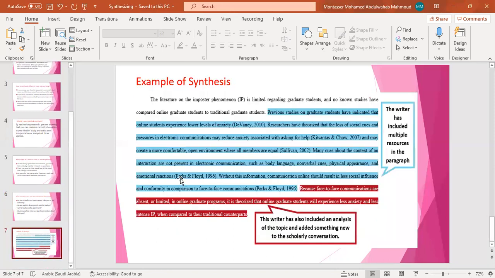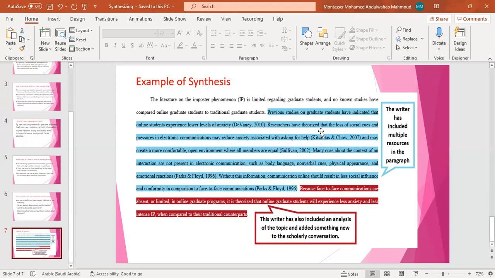To make it easy for you, look at this example. It will help you very much to understand. This is a paragraph that you can actually write in any academic essay. When you look at this paragraph, you will find that there are different sources. One from Divani 2010, another source from Cho 2007, another one from Sullivan 2002, and the last one from Barkis and Floyd 1996.